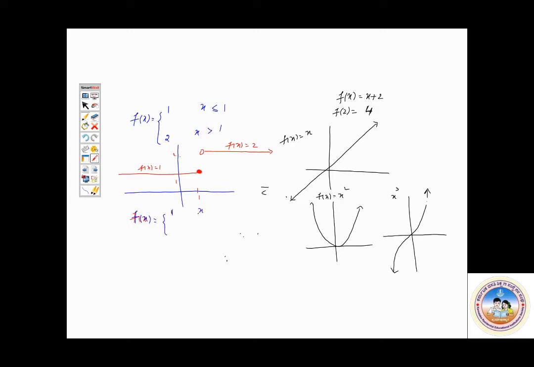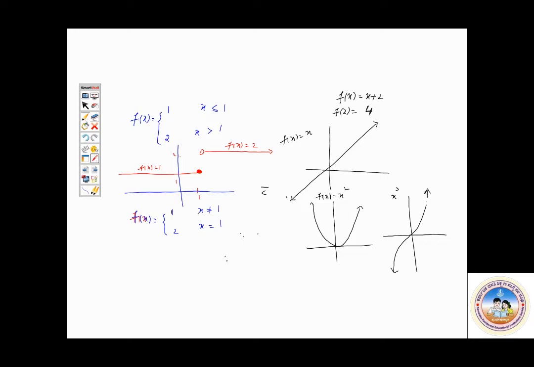x not equal to 1, observe the difference here. Both before 1 and after 1, the function takes the value 1.